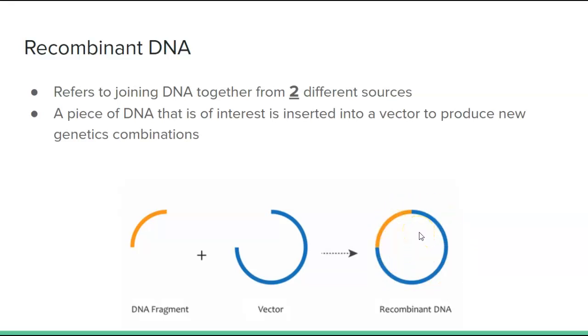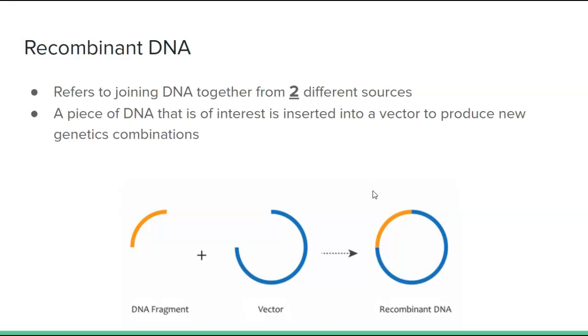So now this is the gene of interest in this vector that's going to replicate very quickly. And then you can insert this new recombinant DNA into whatever species you want, and that new species will take it in and use whatever this gene of interest is. It's really, really interesting, but recombinant DNA is how you get the gene of interest into a new species. You can't just take DNA from one thing and insert it willy-nilly.